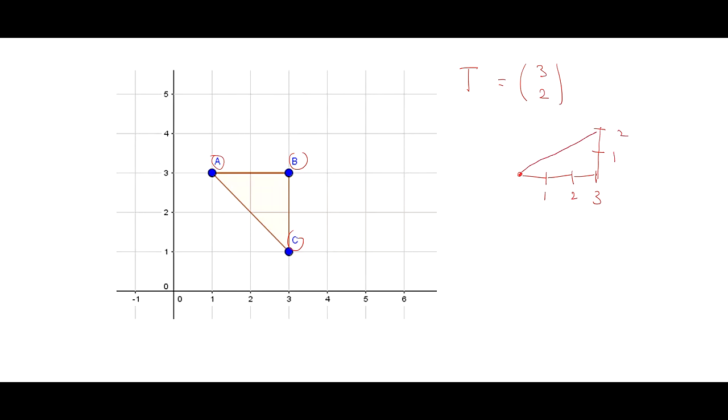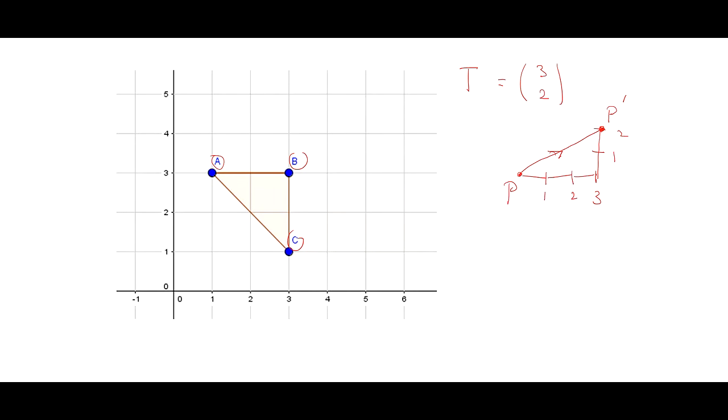This will be our new point. So if we have a point P and it moves to the point P prime, this represents a translation, and it is represented by the column vector 3, 2.